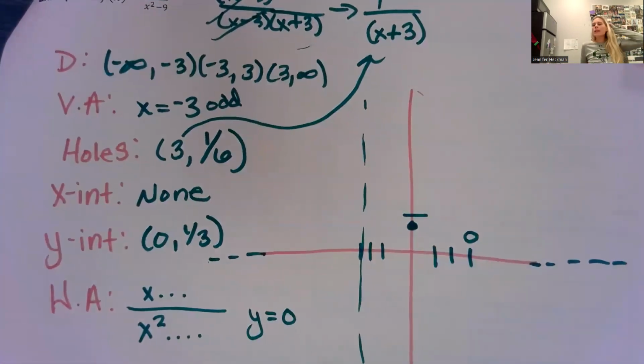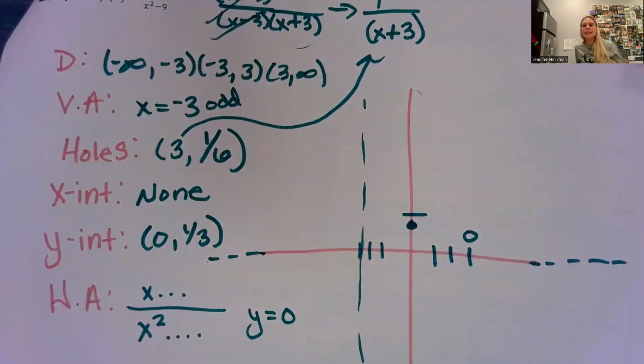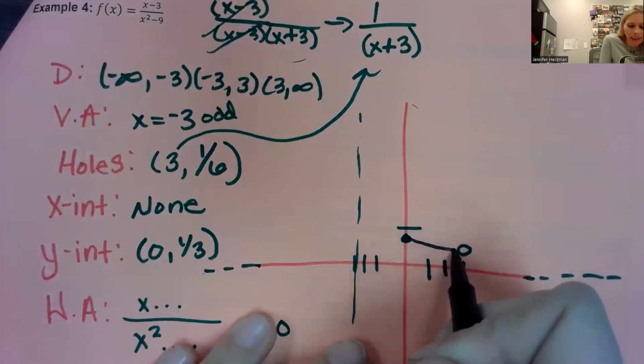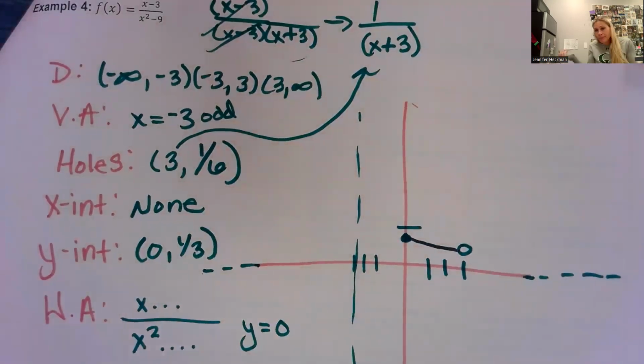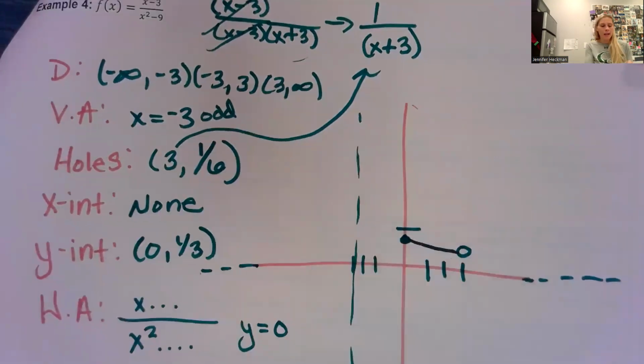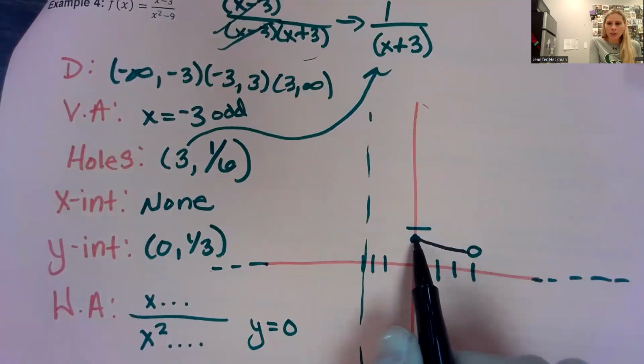Now, just because we have a hole there doesn't mean the rest of the graph does not exist. I want you to think of things logically, of how they connect. Keep in mind that these are 2 coordinates, and these 2 coordinates must connect. It's just we have a hole there. So let's talk about the left side of this y-intercept.